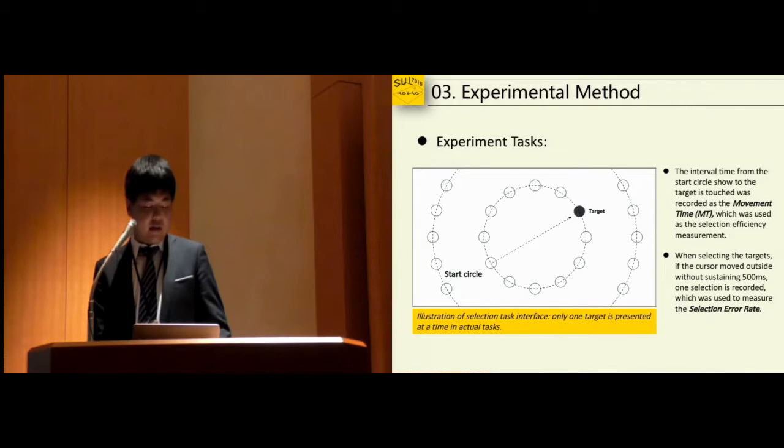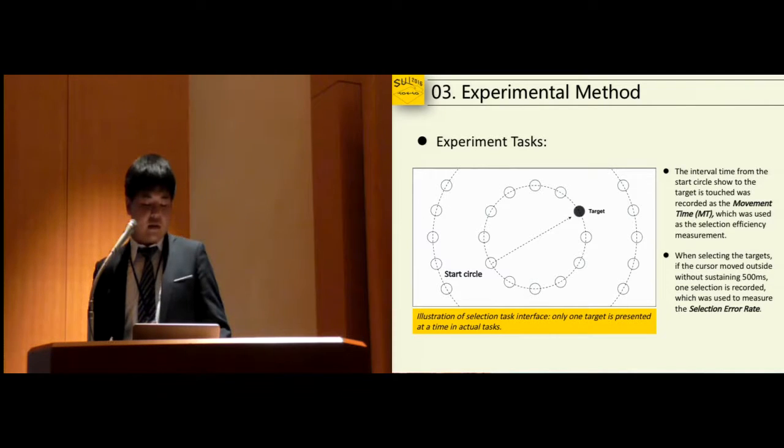This figure explains the user interface of the selection tasks. At the beginning of each selection trial, an unfilled start circle is shown at a random location. Users move the cursor to touch the start circle.